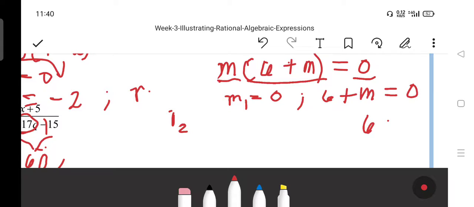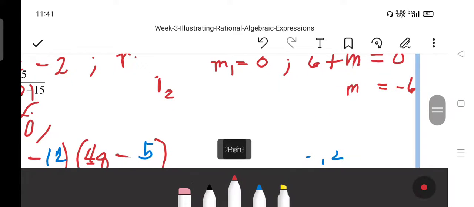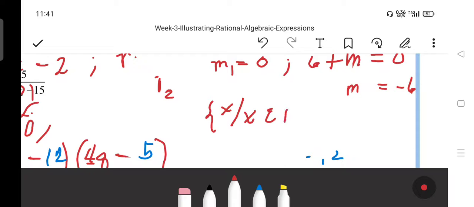So transpose 6 to the right, so we have negative 6. Okay, and in set notation we have the set of x such that x is an element of real numbers provided that m should not be equal to 0 and negative 6.